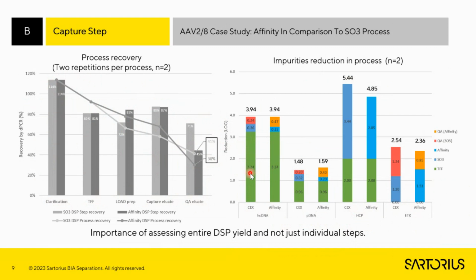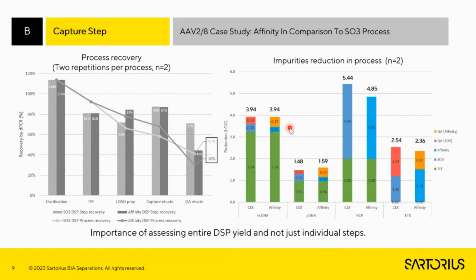Each of the individual steps, so TFF, then the capture step, SO3 or affinity, and then the QAs following those two approaches, are color labeled, and they show the logarithmic reduction on each individual step, whereas above each of the columns we see the total overall removal expressed in logs.